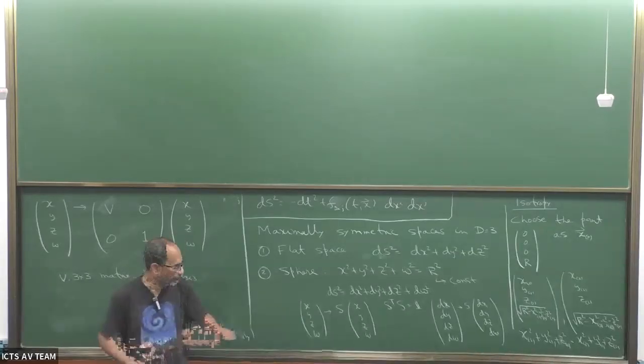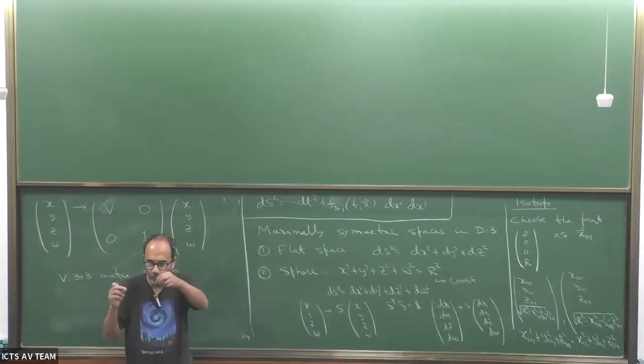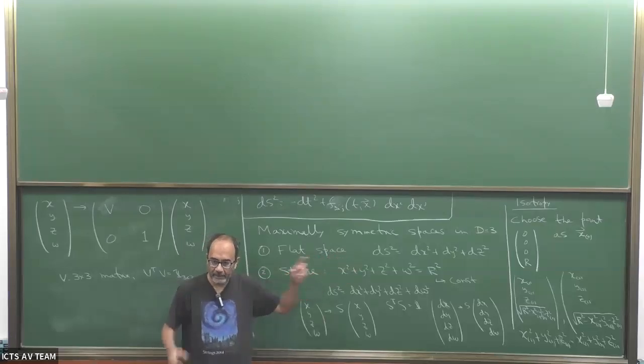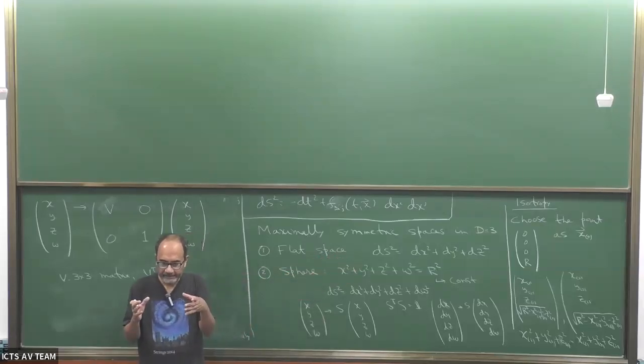For discussing homogeneity, it just says that given 2 points, they should be mapped to each other. There's no notion of length there, right? It's only for isotropy that you have a notion of distance, right? That you have to have 1 point x0 and 2 other points x1, x2 at equal geodesic distance from x0. Right? And then there should be a transformation that leaves x0 unchanged and takes x1 to x2.